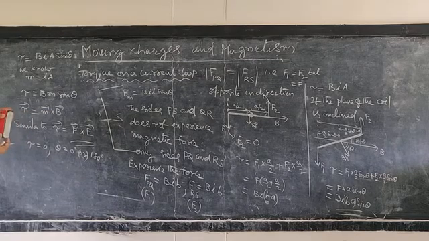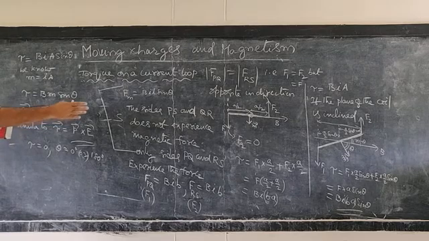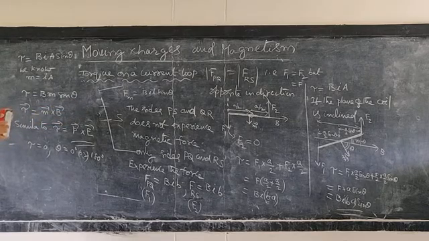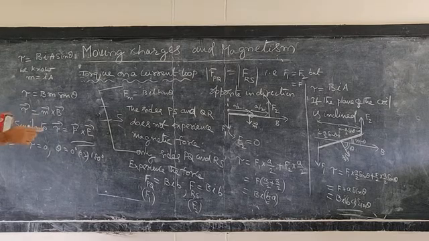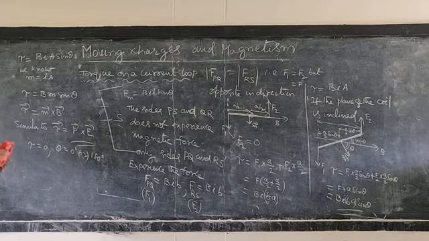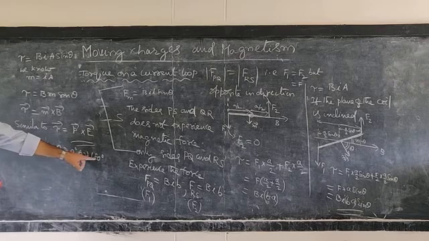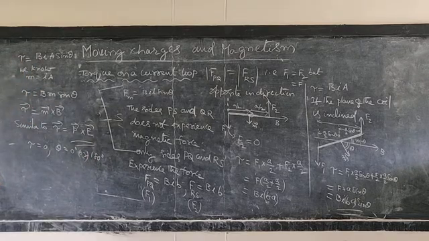So the magnetic moment of the coil and the magnetic field are parallel, or here they are anti-parallel. So for these two positions, the torque will be 0 because sin theta, if you substitute 0 degrees or 180 degrees, is going to become 0.